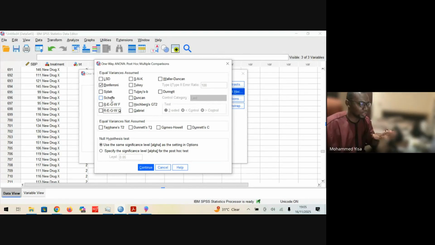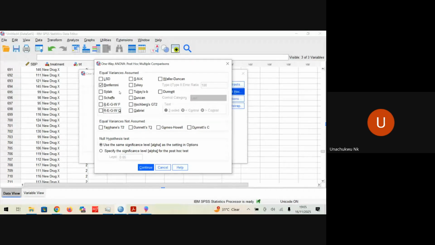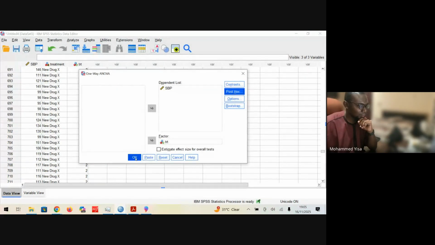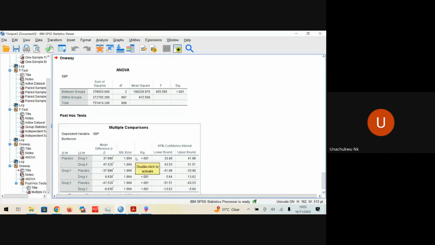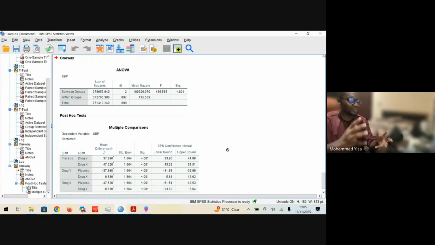When we did the ANOVA the first time, we saw that there's a difference between the groups, but we don't know which group is different from which. That is what Bonferroni is about to tell us now. So we have to redo the test and add it. Yes. Now we have done it with the Bonferroni test.